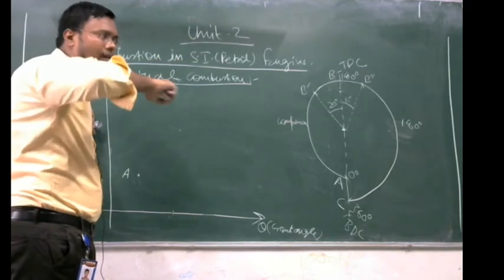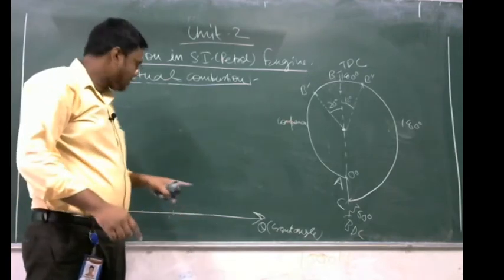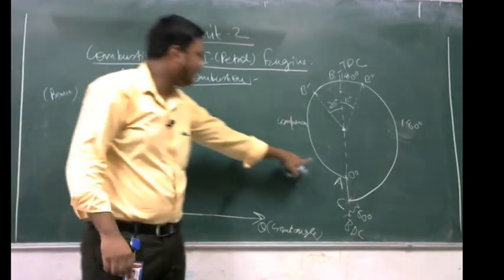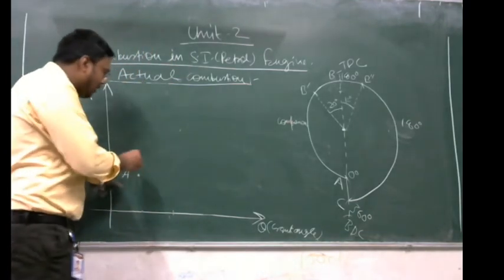It will be like a curve, a rise in pressure with crank angle. At the start of compression it will be gradual, not a sharp line, so we cannot draw a straight line here.